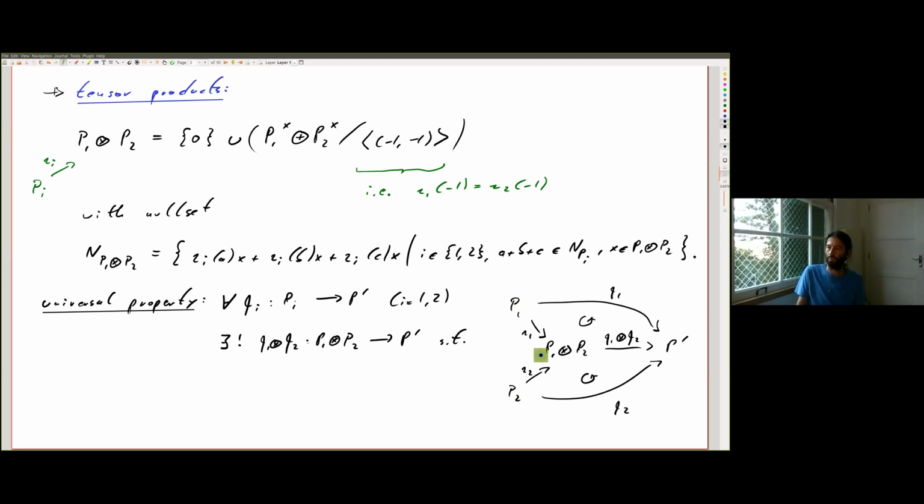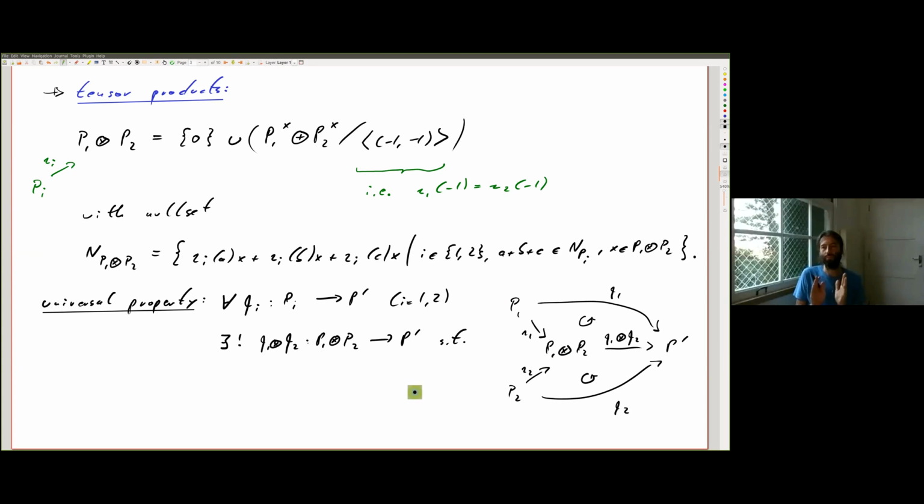So we have the inclusions that I had before, and f1 equals first inclusion, then f1 tensor f2, and f2 equals second inclusion, composed with f1 tensor f2.